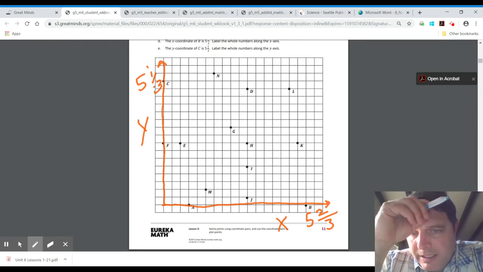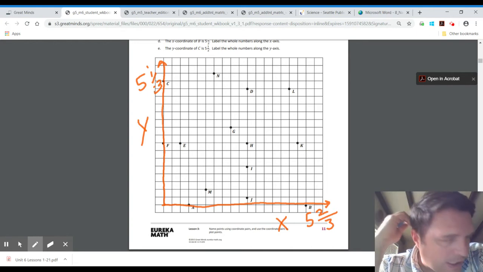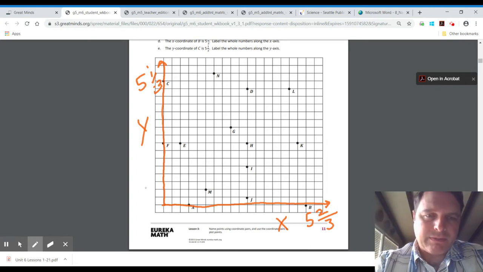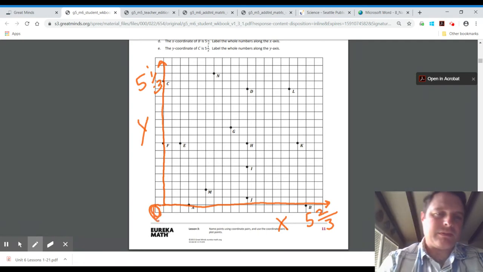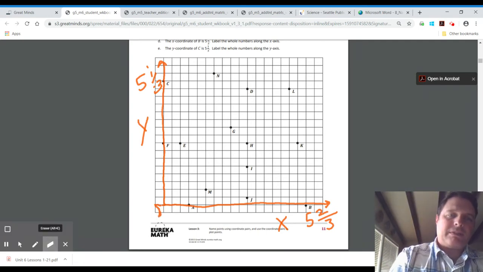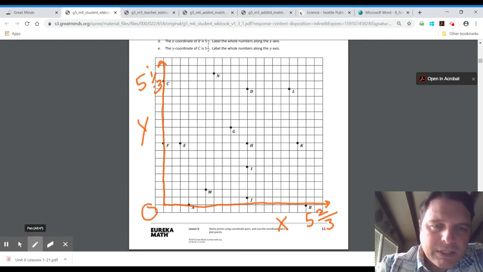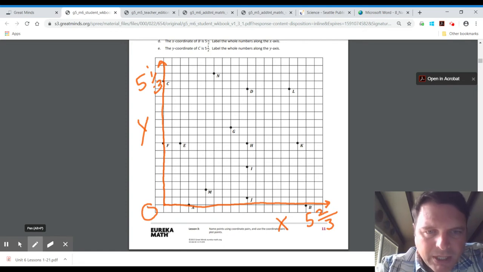Now, you need to know what the value of one block is. First it wants me to label the origin 0. So let's redo that. So 0, okay. And then it wants me to find what each of the blocks is worth.